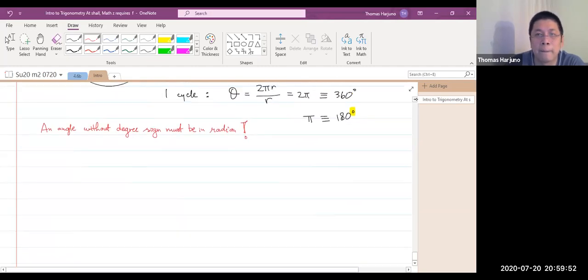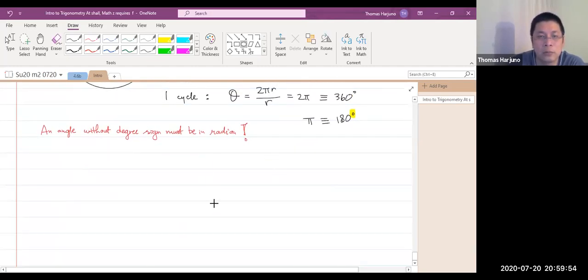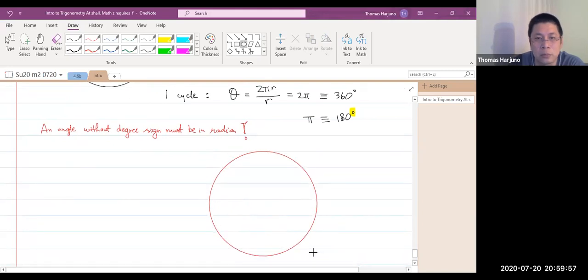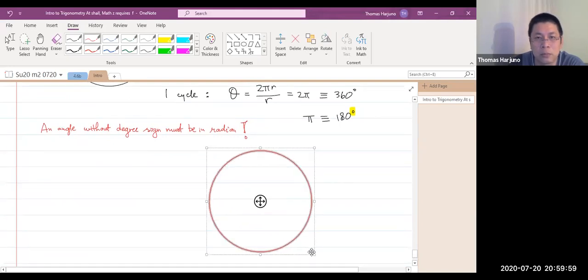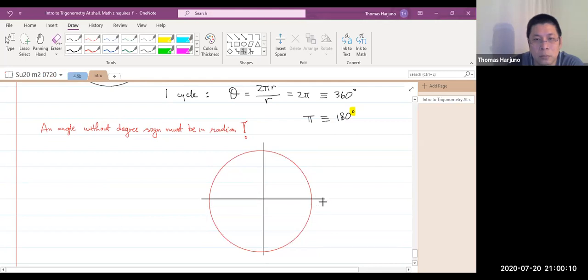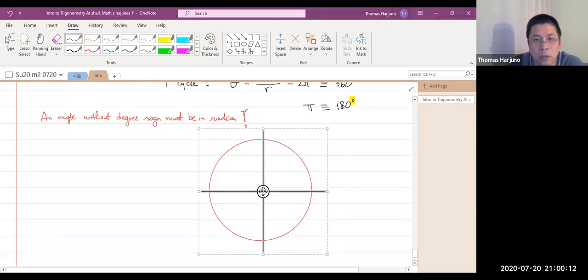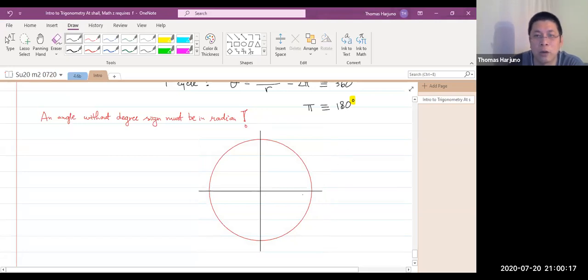Now, let's go back to that circle. Now then you see that if the angle is 180 degrees, maybe I put it here instead.